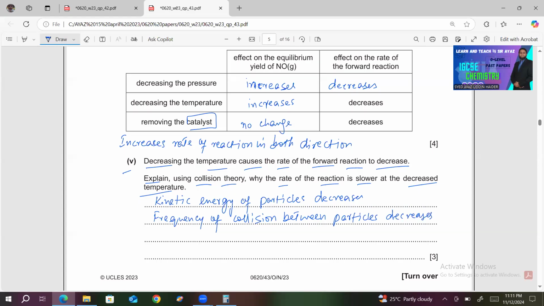Now here, a smaller proportion or fewer particles have energy equal to or greater than the activation energy.